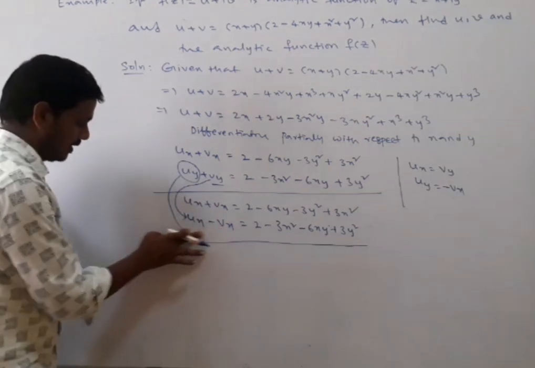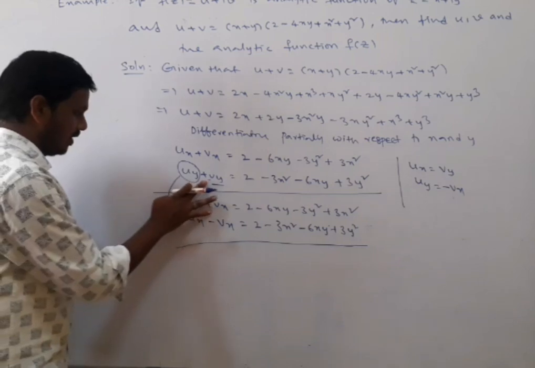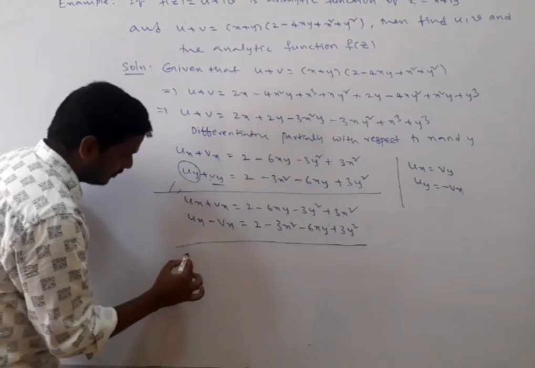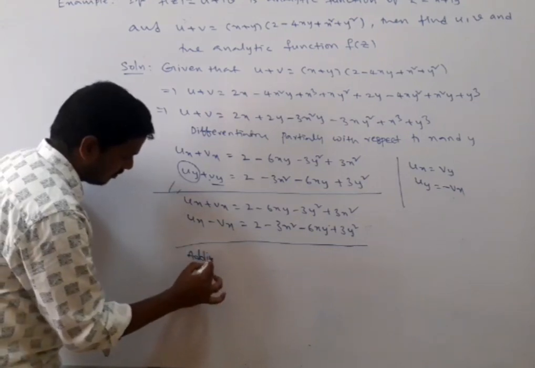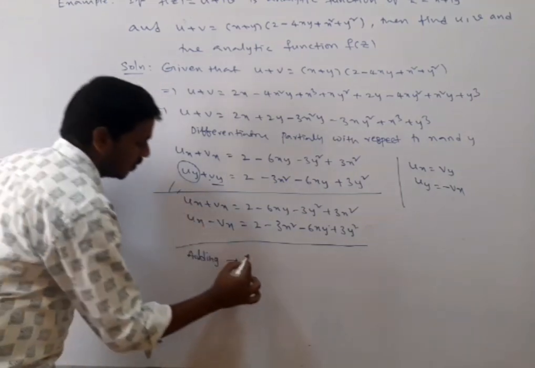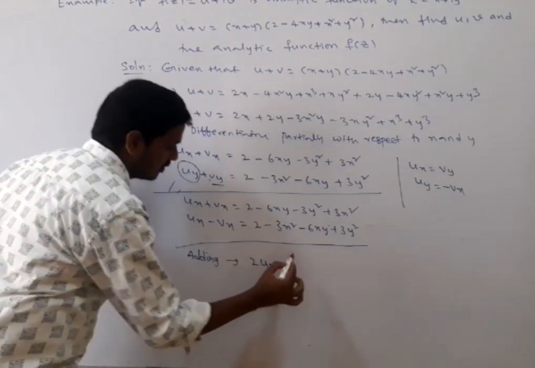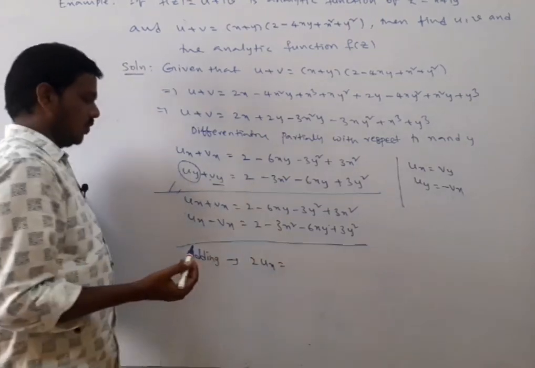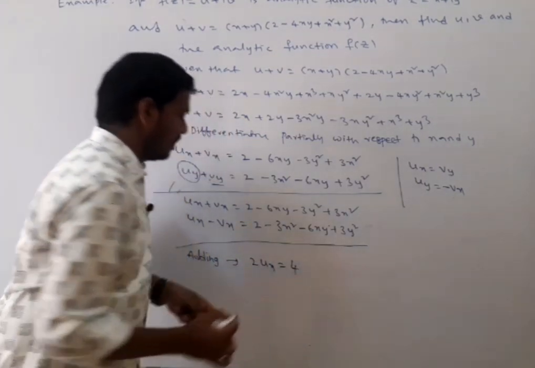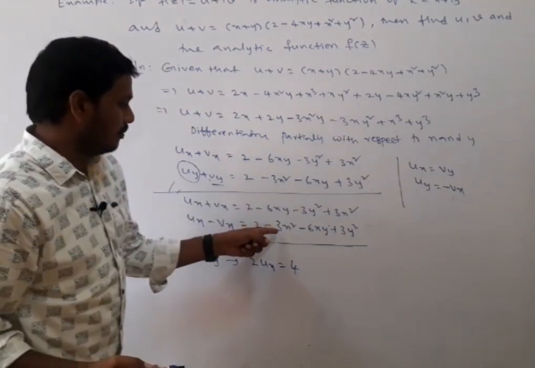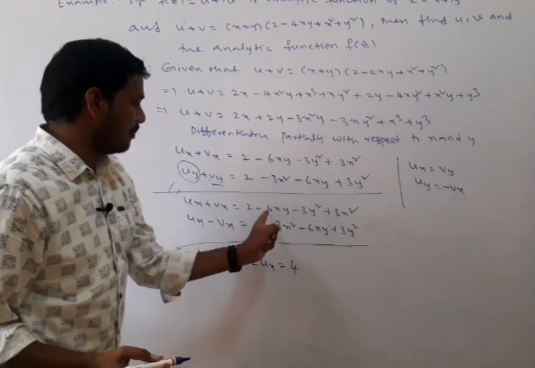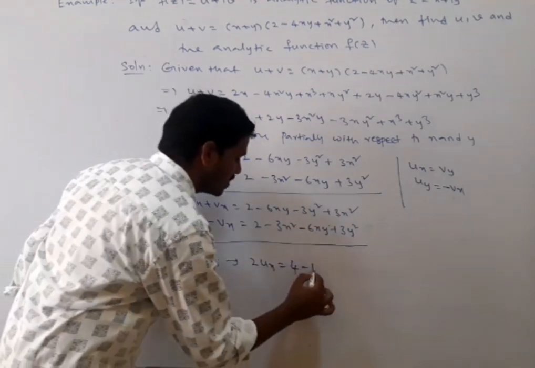Okay, listen. Now I am trying to solve, I am trying to add and solve. Adding, vx gets cancelled, ux + ux gives 2ux, 2 + 2 is 4. Minus 3x² plus 3x² and minus 3y² plus 3y² get cancelled, minus 6xy minus 6xy is minus 12xy.